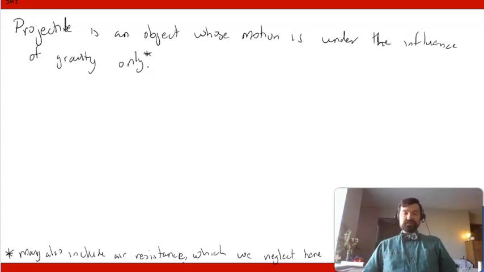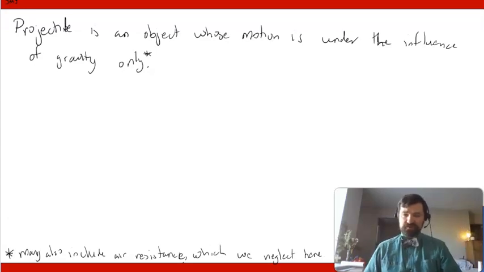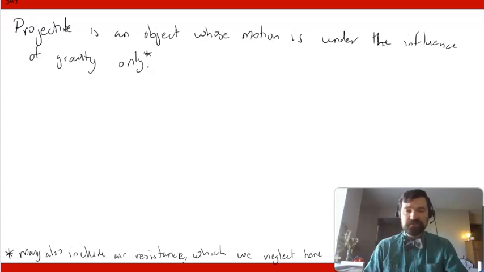There may be air resistance, but we're going to be neglecting that in this course, because if it is moving slowly enough, air resistance is fairly negligible, and if it's moving quickly enough that the air resistance is not negligible, then you're basically working with differential equations. We may treat air resistance briefly in a different video, but not today.